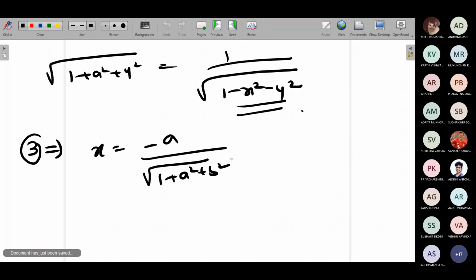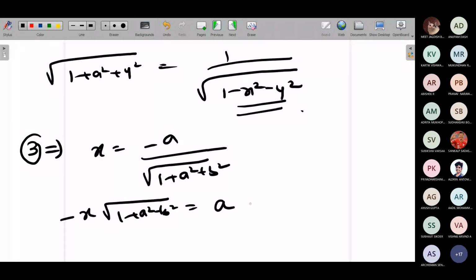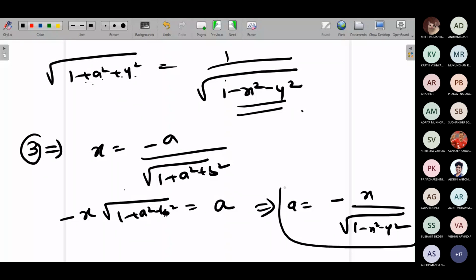From this, minus x into root of 1 plus a square plus b square is equal to a. Now you know the value of root of 1 plus a square plus b square. Substitute that. So what will be the value of a? a will be equal to minus x by root of 1 minus x square minus y square. So now you have got the value of a.